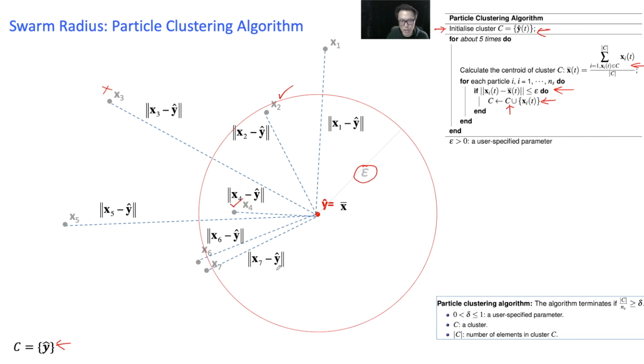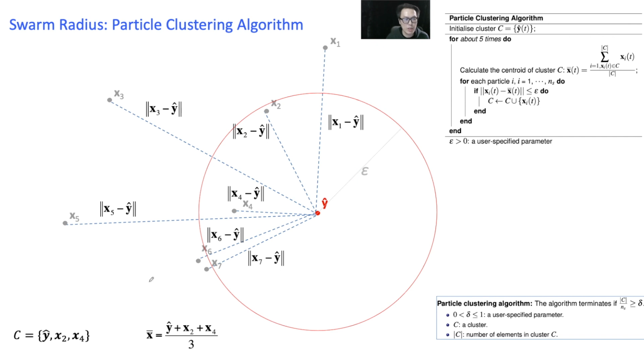After we perform this block, we have the updated C, that is y hat, x2, x4, because x2 and x4 are within this circle. And then we go back to the top, because we have to repeat this 5 times.